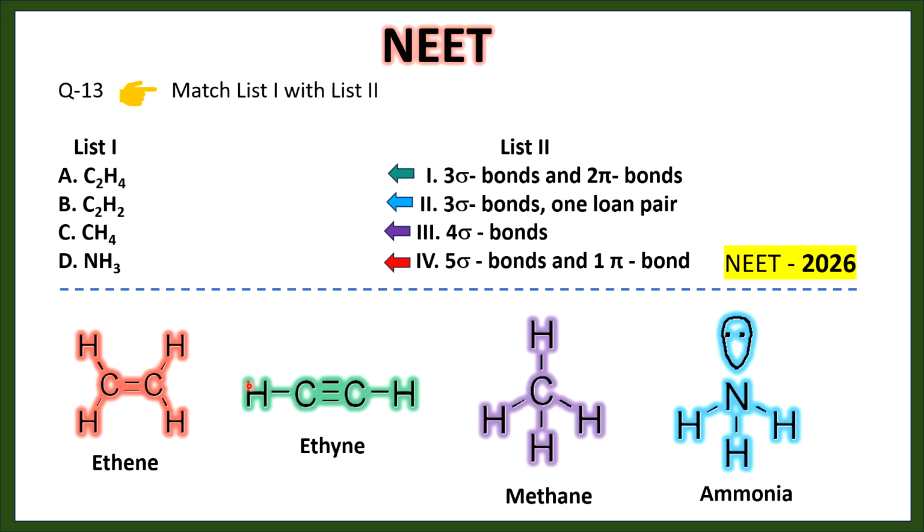So this is 5 sigma, 1 pi, related to C2H4. For C2H2, 3 sigma and 2 pi bonds. So the 3 sigma and 2 pi relate to C2H2, and methane has all sigma bonds, 4 sigma bonds. So this 4 sigma relates to CH4, and for NH3, 3 sigma bonds and 1 lone pair relate to NH3.